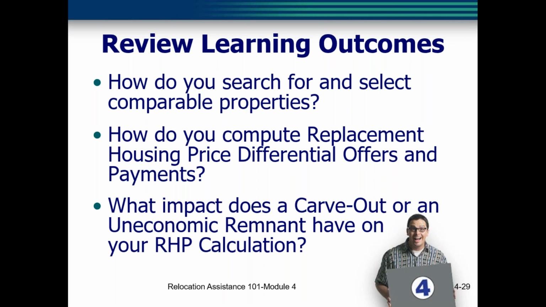So we talked about the increased interest payments and how the buy down process works. We talked about the incidental closing costs and how some are fully reimbursable, some are partially reimbursable, and some are just not eligible for reimbursement.